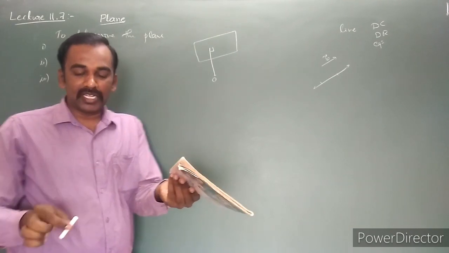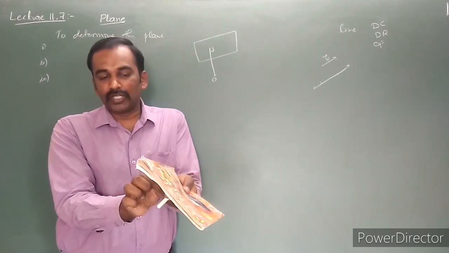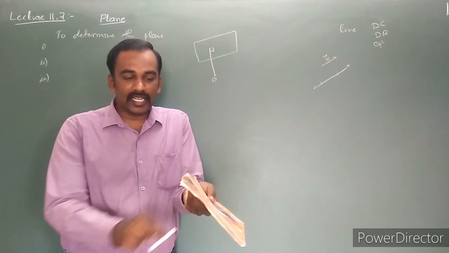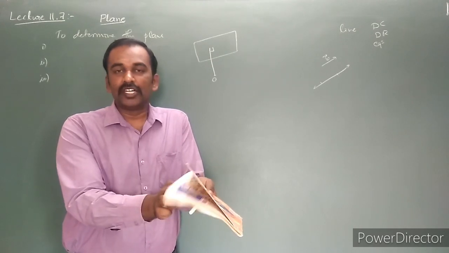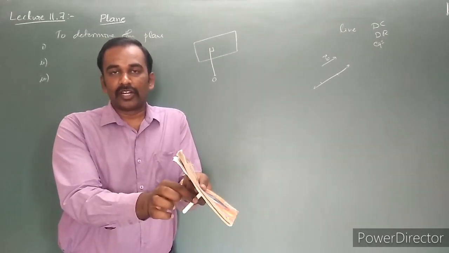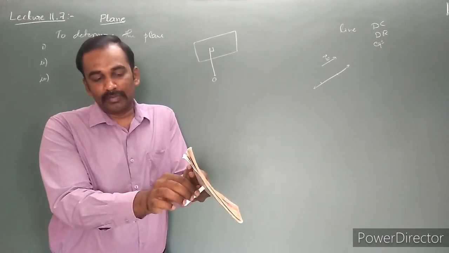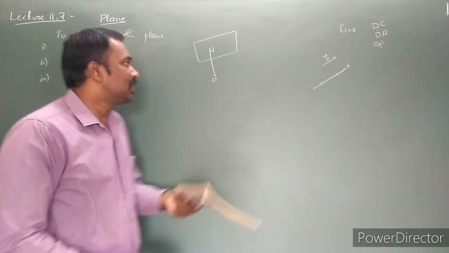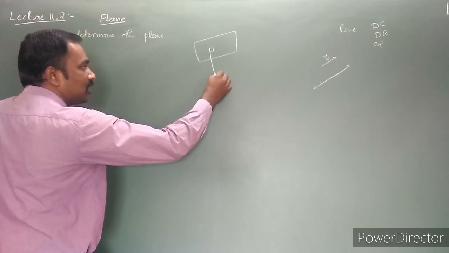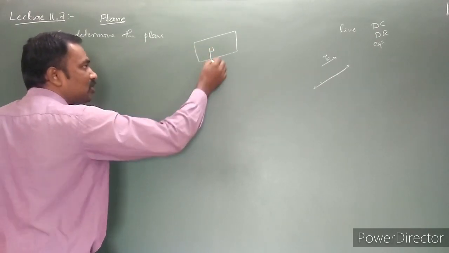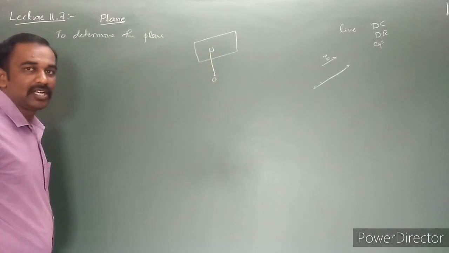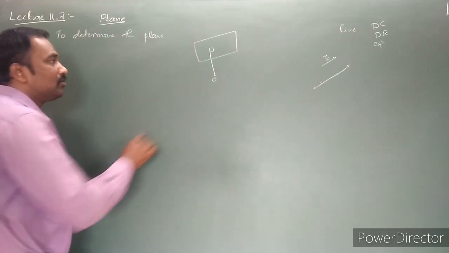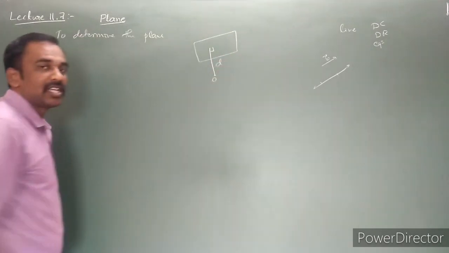The origin is the left side corner. So this chalk piece is the normal drawn from the origin, and this is perpendicular to the plane, and this distance is given.